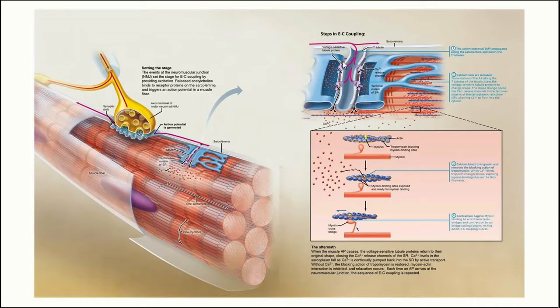So in the walls of the T-tubules, we have these small voltage-sensitive proteins that are in close proximity to the terminal cisterns of our sarcoplasmic reticulum.